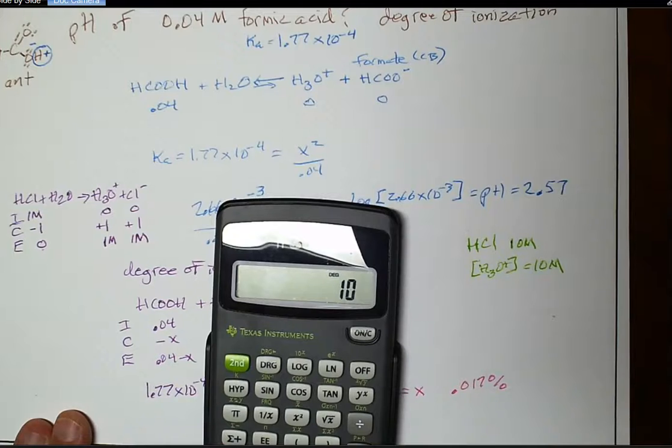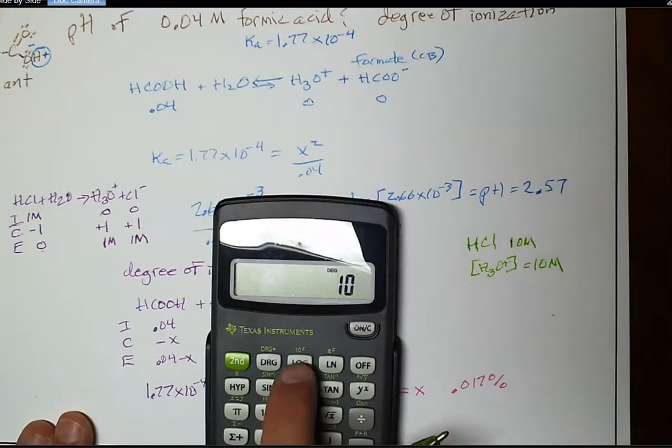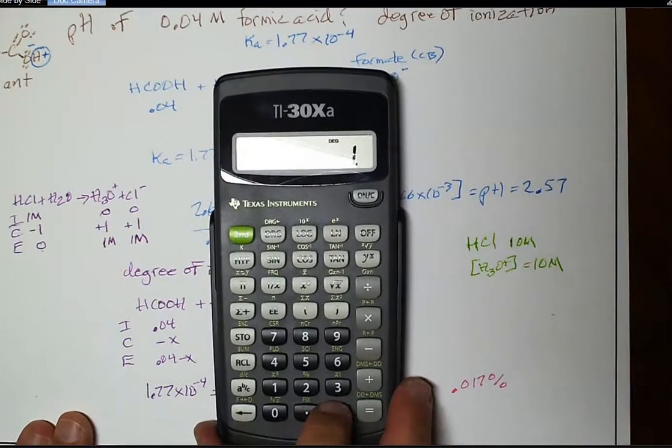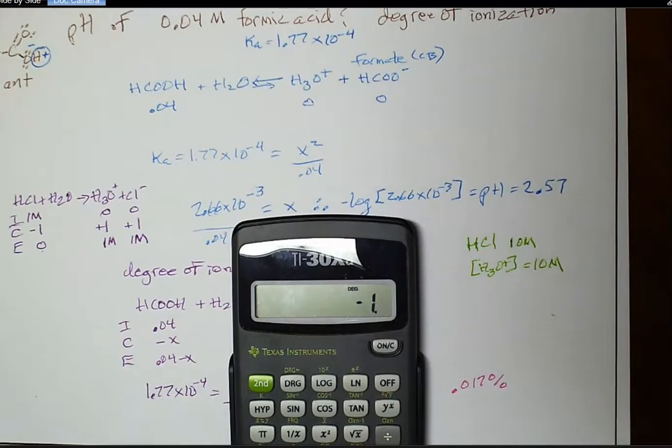That's the hydronium ion concentration, right? What's the log? It's 1. What's the negative of that? Negative 1. So 10 molar hydrochloric acid has a pH of negative 1.